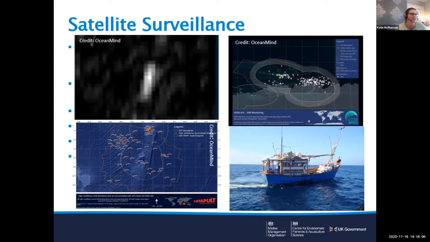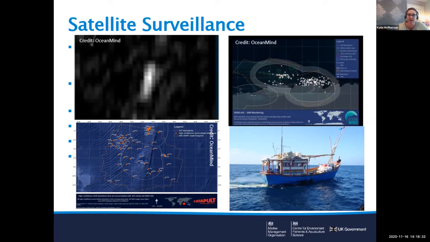It's really important to state, and I think it's probably stating the obvious, but SAR images can't positively identify a vessel, and that's really important from a compliance and enforcement point of view. They can show that there's a threat and that there is something there, but without AIS or other corroborating information, it only shows that there's something there.